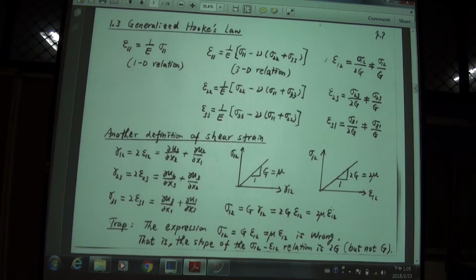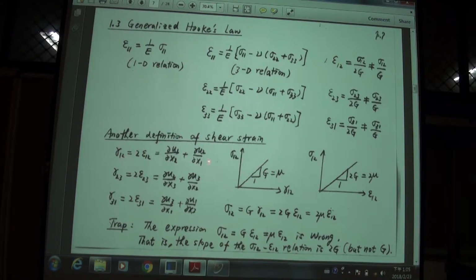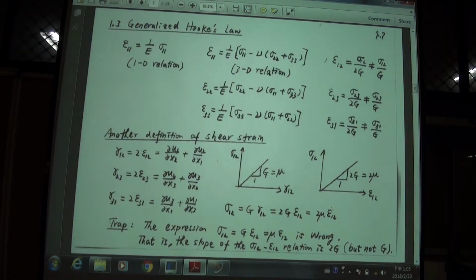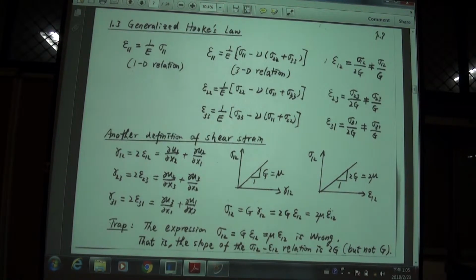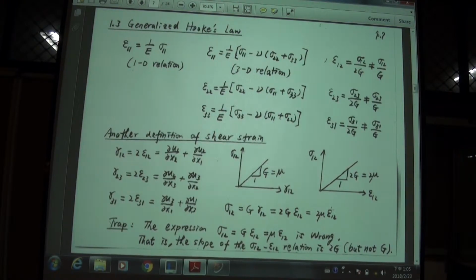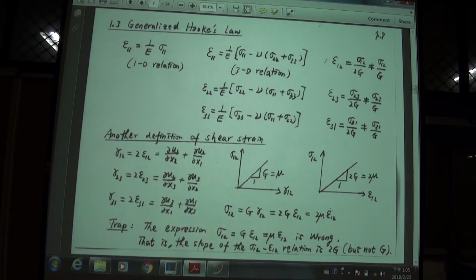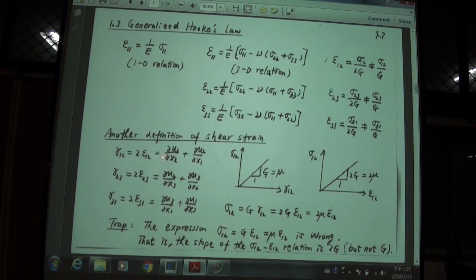But in fact, there is another notation of shear strain called delta 1,2. Delta 1,2 equals this term without the factor of 1/2. You can look at the book. In some books on mechanics of materials or elasticity, you can find such a notation to represent the shear strain, and then there is no factor of 1/2 here.